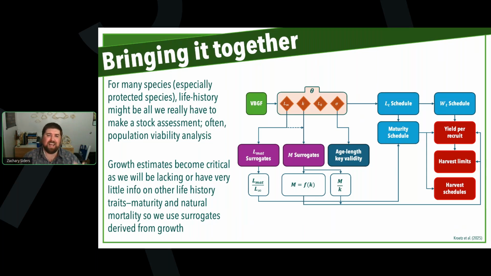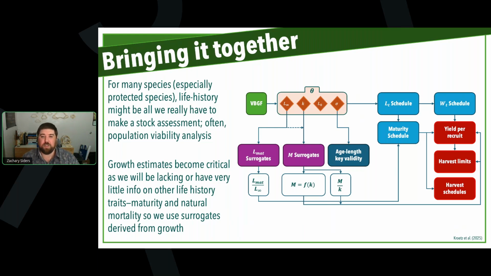Again, we're making a lot of simplifying assumptions to be able to do those sorts of models. The reality is that once we're in that space, most of the time we end up with data deficiency throughout a lot of our life history, and things start relying really intensely on growth. If we're lacking a bunch of these other data sets, we typically have pretty uncertain maturity schedules, and so we might end up using something like a maturity surrogate.